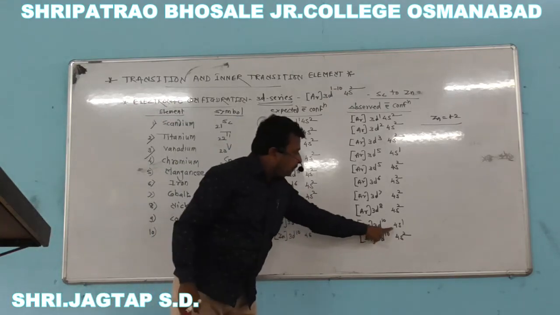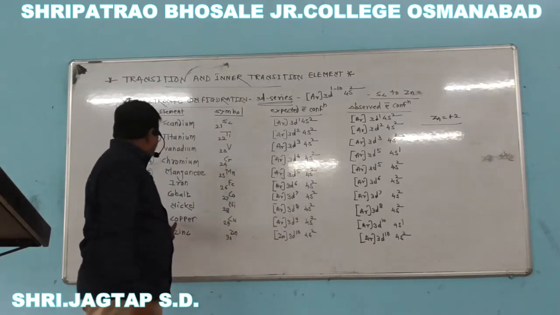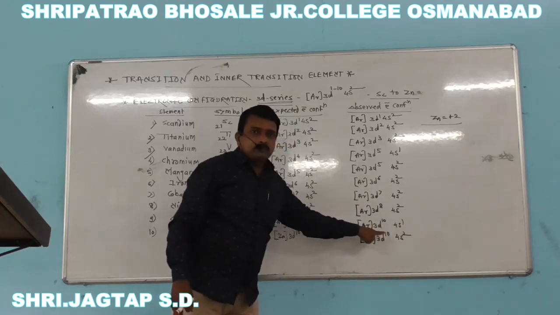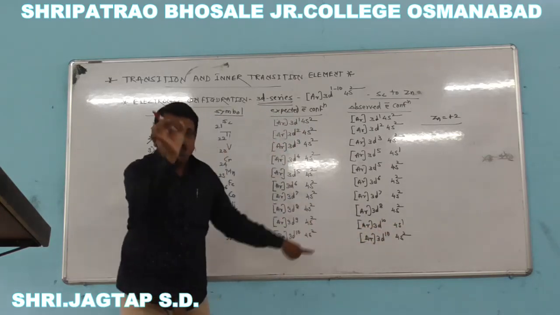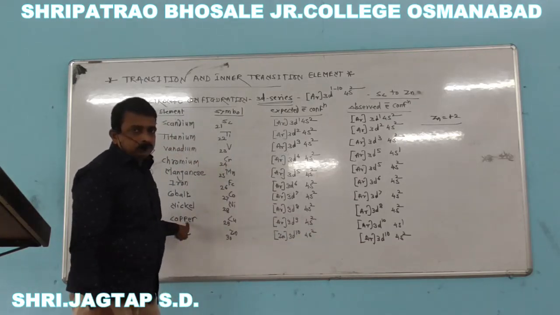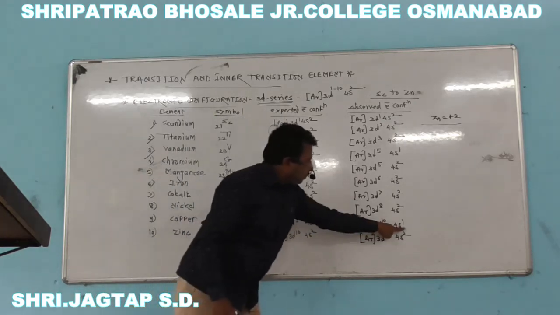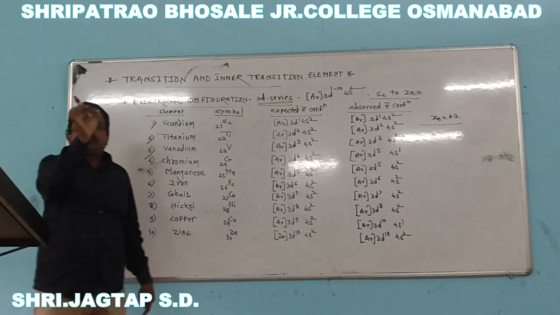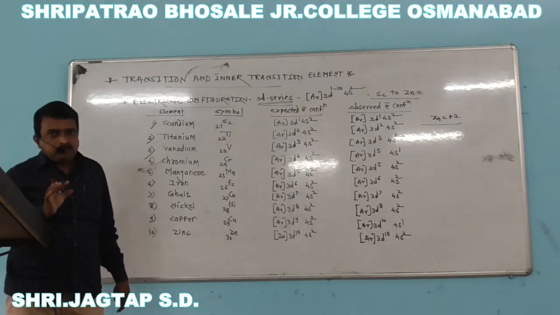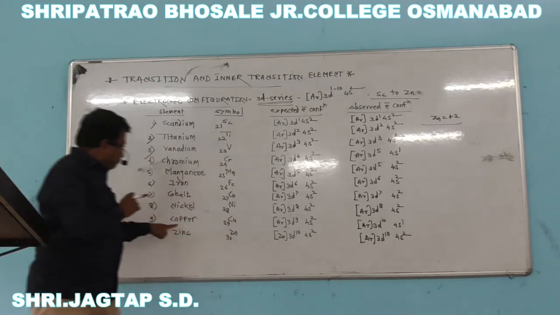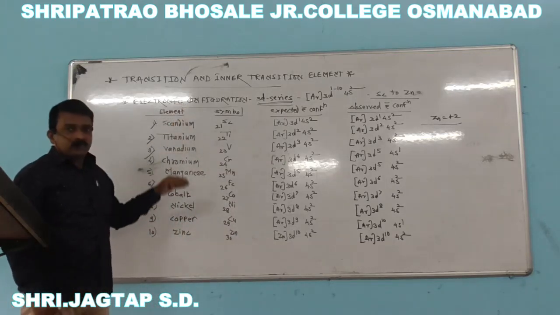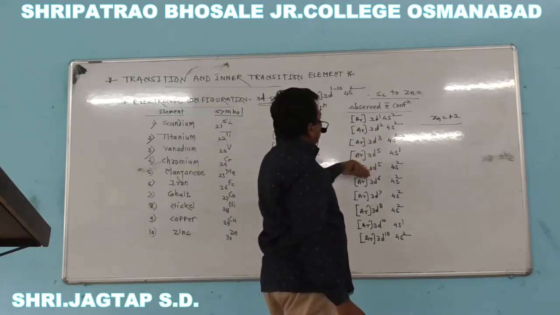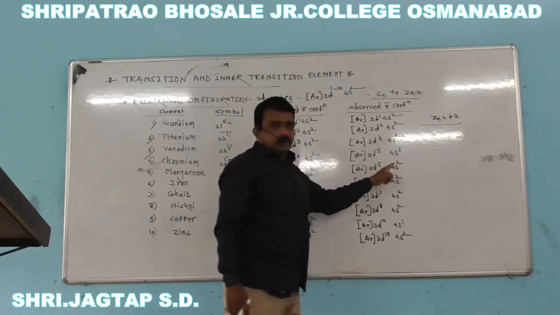But the expected electronic configuration of copper is 3d10 4s1. In the +2 oxidation state of copper, the 3d orbital is partially filled, and therefore copper is a transition element.